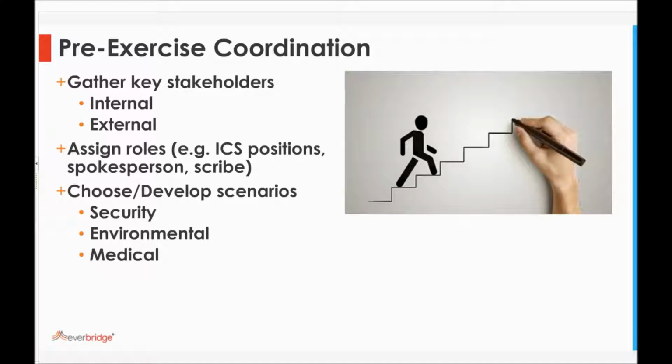Once we've got them assigned, or at least gathered, we want to assign roles. And the first thing that we want to assign in terms of roles is based on our incident command system positions.